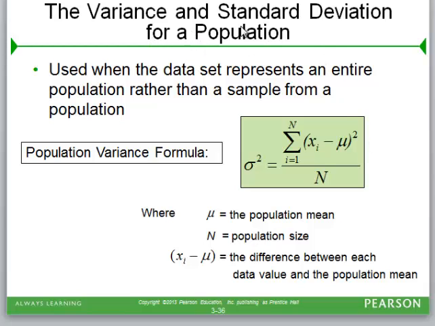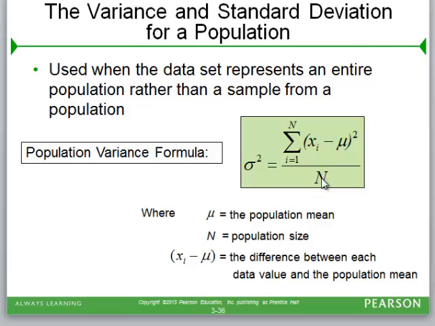Now let's check the variance and the standard deviation for a population. The population variance formula uses sigma. Remember, we use sigma, not s. Sigma squared. The difference from the sample variance formula is that in the denominator we use a capital N instead of n minus 1. Mu is the population mean, so here we use mu instead of x bar, because it's for the population.